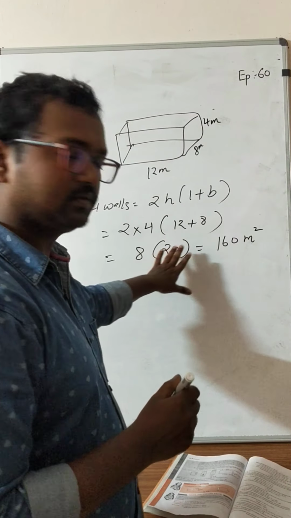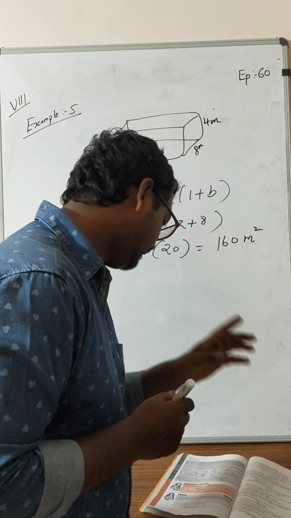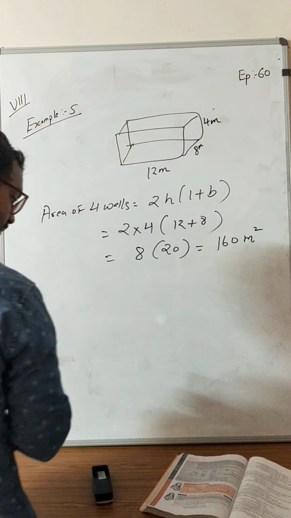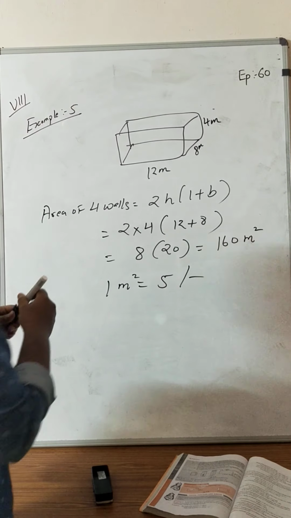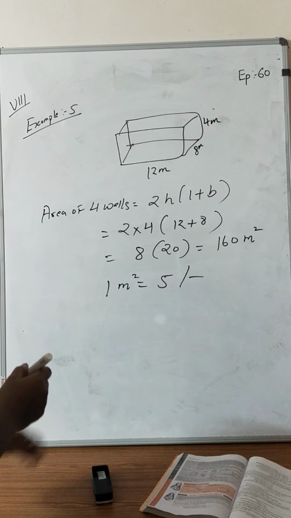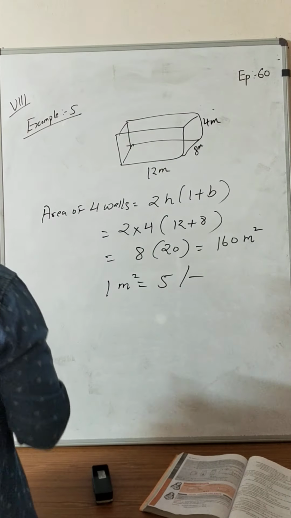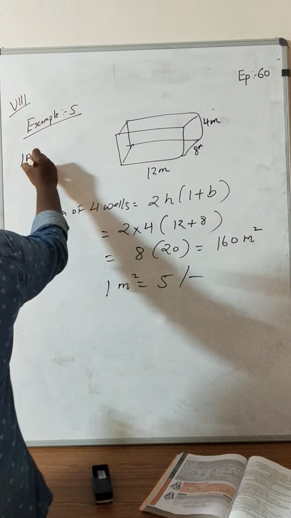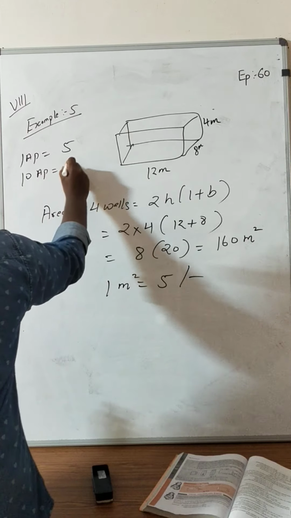Now, if we just whitewash this area, how much will it cost? For every meter square, the cost is 5 rupees. Let's say for 1 apple the cost is 5 rupees, then for 10 apples the cost is 5 into 10.